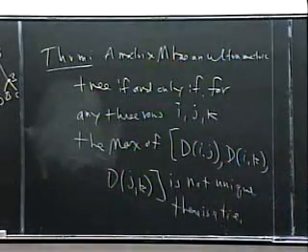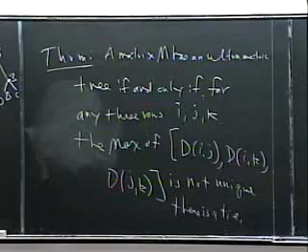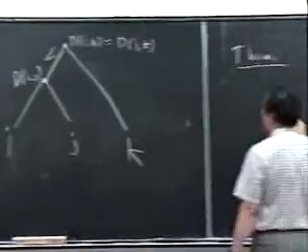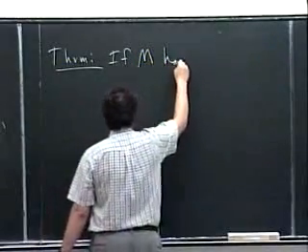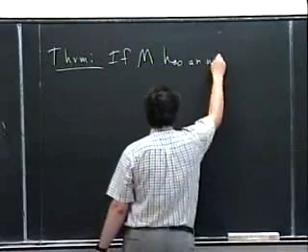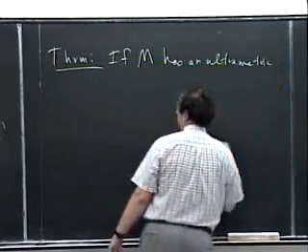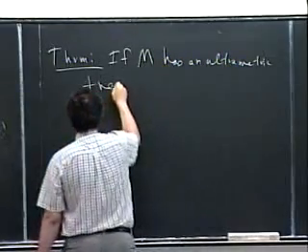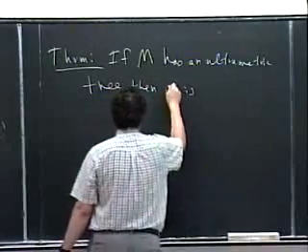That wouldn't actually build the tree for you, but I'll show you in a minute how we can build the tree. All right. What's next is the most important theorem here, which is that if M, that's the matrix, has an ultrametric tree, then it is unique.